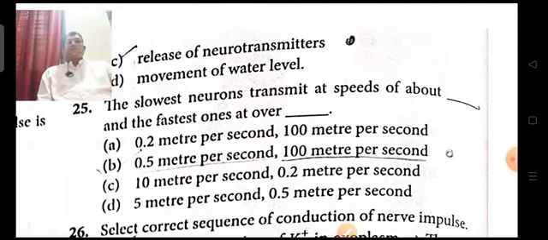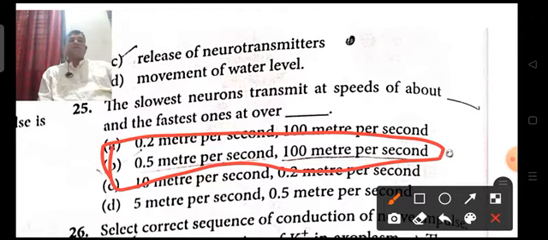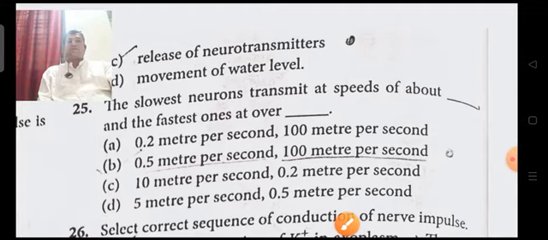So the scientist has discovered that the slowest neuron will be transmitting an impulse at about 0.5 meters per second, that is the slowest one. And the highest, they are saying it is 125 meters, but approximately above 100 meters per second is the fastest neuron transmission.